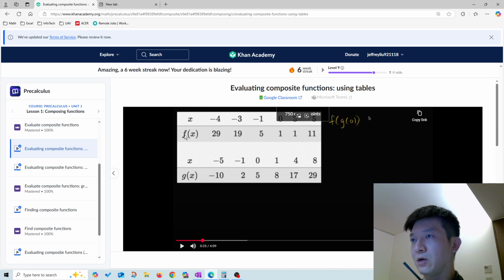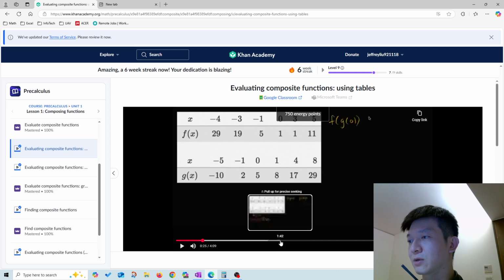Plug it into our f. That's our x, not our y. We haven't found the y for f of x, so we just try to find 5 over here, which corresponds to 11. So our answer will be 11.